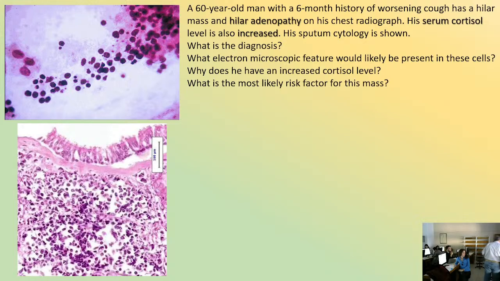They took the biopsy. You see, is the lining epithelium abnormal in the biopsy specimen? Is the lining epithelium of the bronchus abnormal? Can you see where the lining epithelium is and where the tumor is in the biopsy, the lower image? So, the lining epithelium is okay. There's no problem.